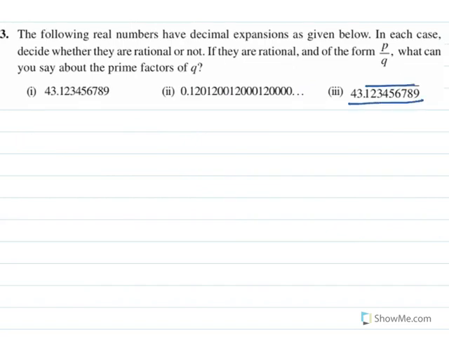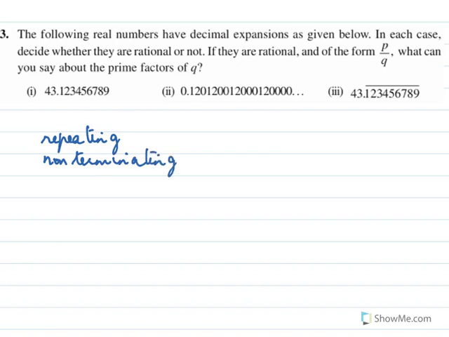Now for the third, you see there is a line. Because there is a line, we can say it is repeating. That is what it indicates. It's repeating, and definitely it is non-terminating. This is a repeating, non-terminating decimal. If it is non-terminating, that means the denominator, which is Q, is not of the form 2 raised to m, 5 raised to n.